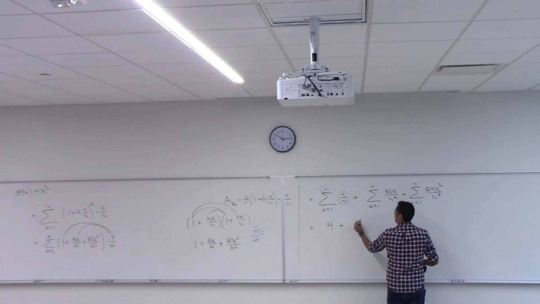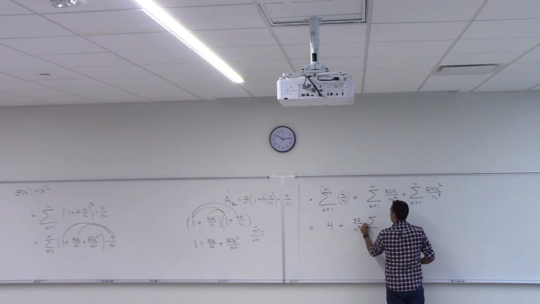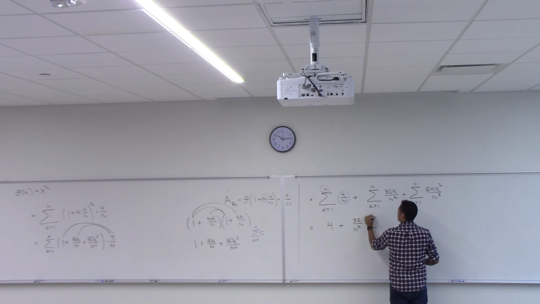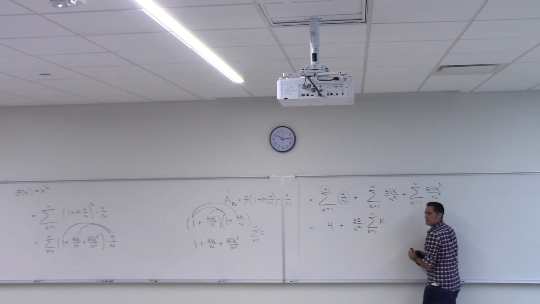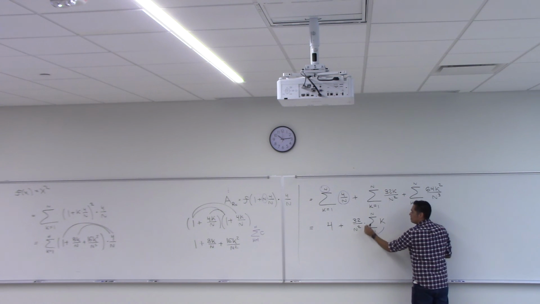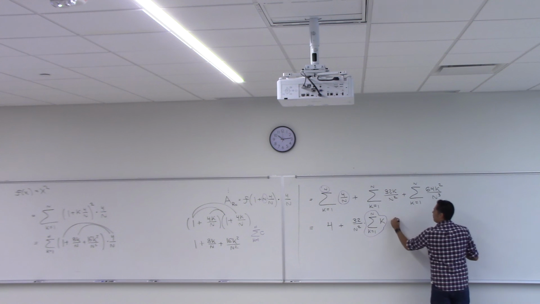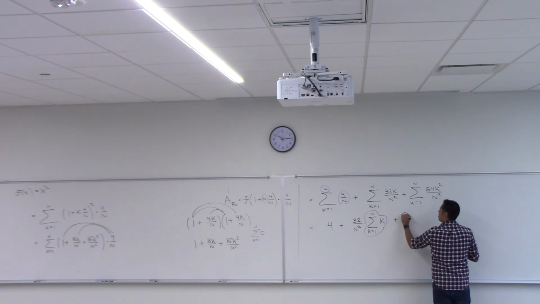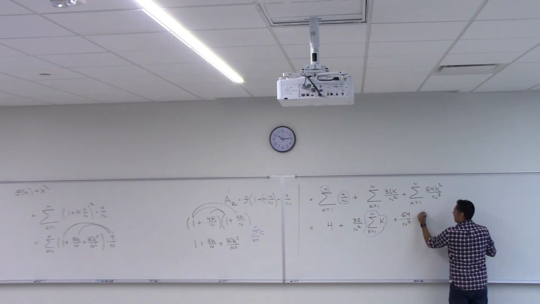Plus, on this one, I'm going to pull the 32 over n squared out of the sum. And then here, I have the sum k equals 1 to n of just k. That is a formula I gave you a minute ago. Plus, this one is 64 over n cubed, and then times the sum. Whoa, holy moly. That sum got out of control.